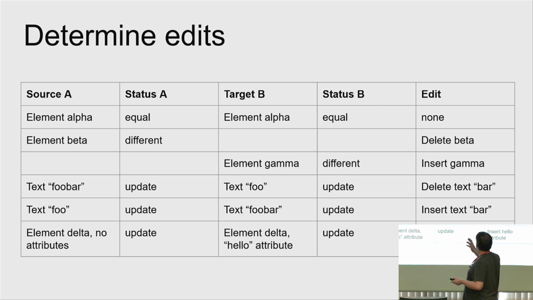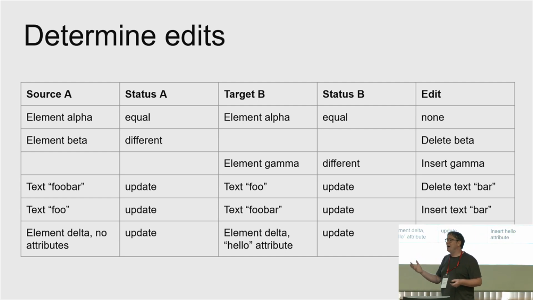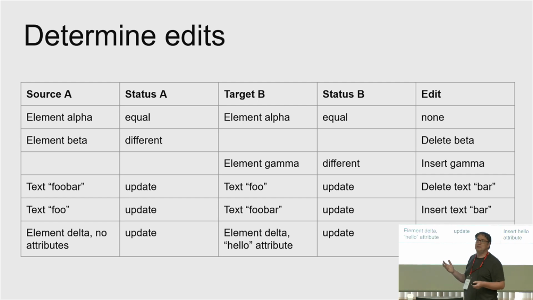For text nodes, if there are updates, we can do a text diff and then determine what piece of text was inserted. And attribute changes, if we have done our propagation work right, we can find what has happened to these attributes here.